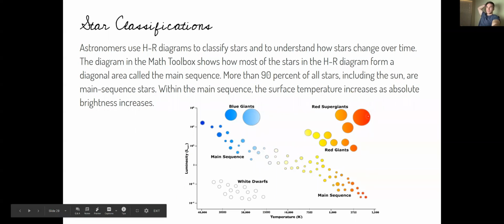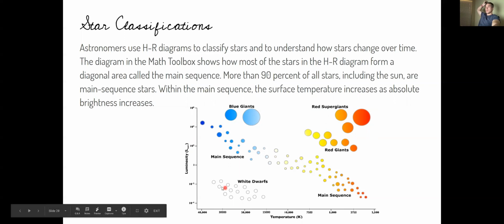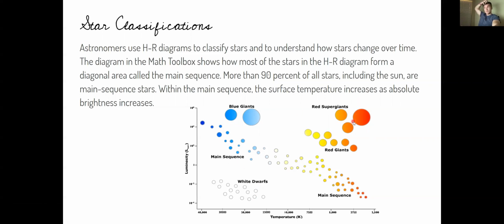Remember, red is the lowest temperature, so all red will be here, and the further you go over here, blue. White dwarfs, since they are not burning up any fuel anymore, are not very bright. The brightest ones are the biggest ones, obviously, for the most part. This is just one of the diagrams that they use to classify everything.